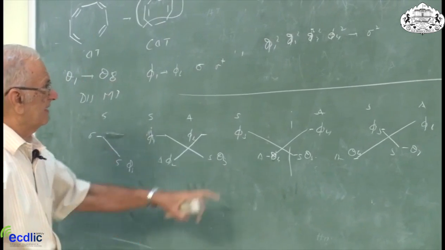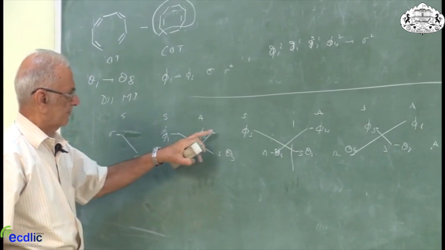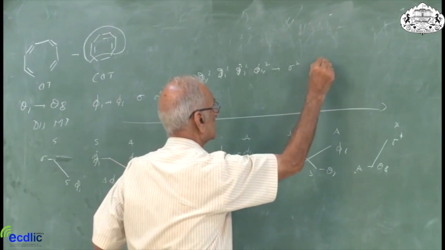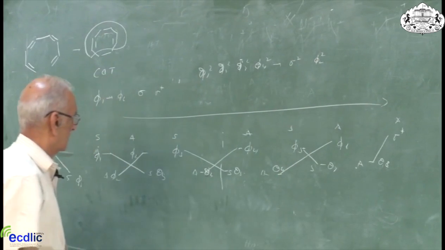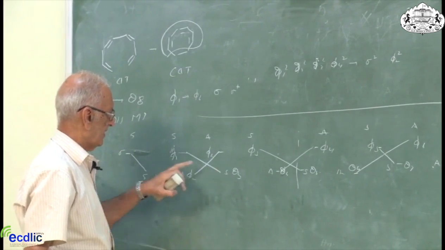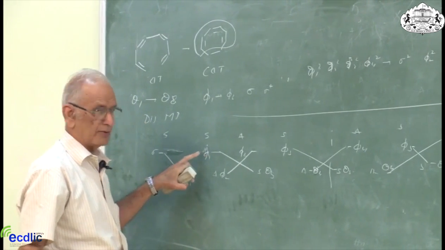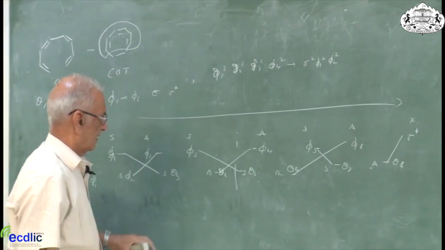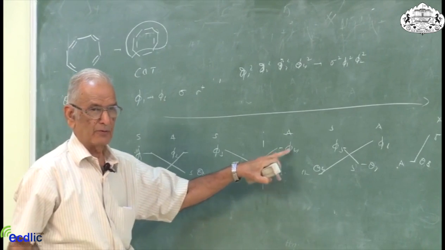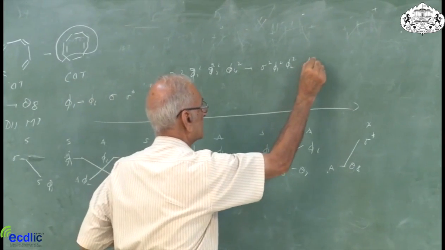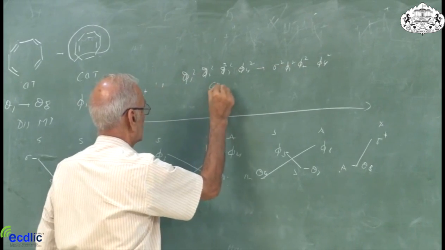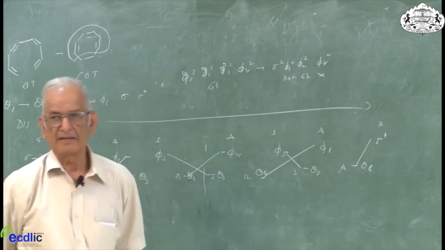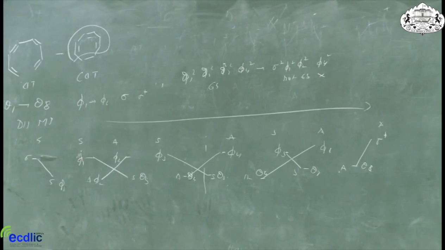So, theta 2 will go into phi 2. Theta 3 will go into phi 1. And theta 4 will go into phi 4. Ground state, this is not the ground state, therefore, this disrotatory is disallowed.